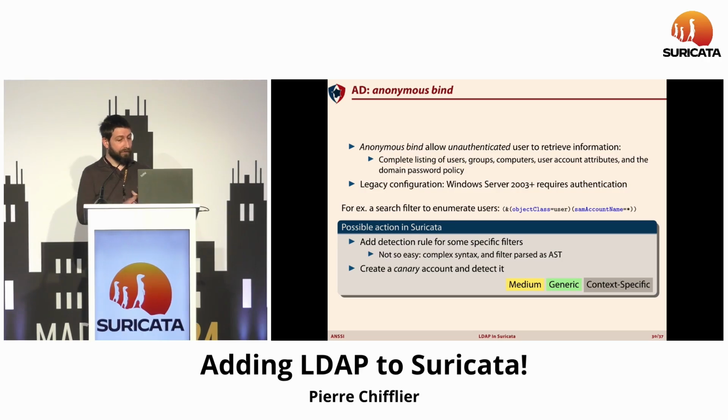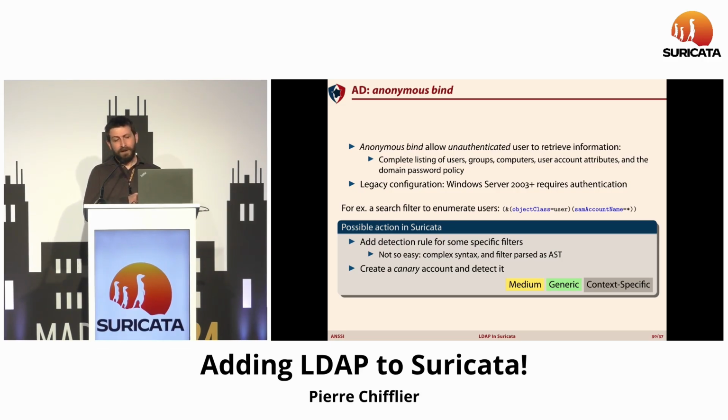You can list groups, you can list the computers that are part of the network, you can list the user account attributes, meaning who's a network administrator or not, for example, which is very interesting information for the attacker because now they know which account they want to compromise first. You can also list the domain password policy, so this can also help attackers to configure, for example, tools that will try to attack the hashes, knowing the policy.